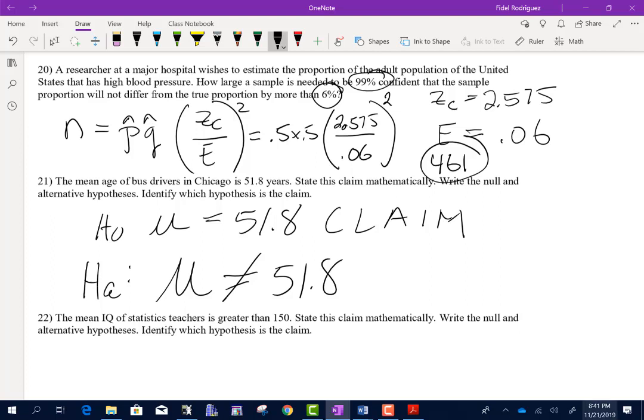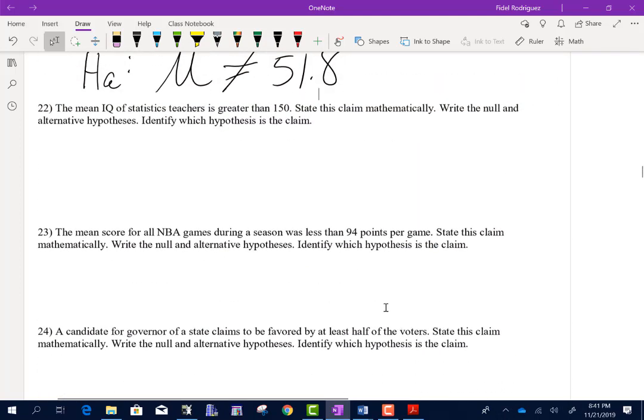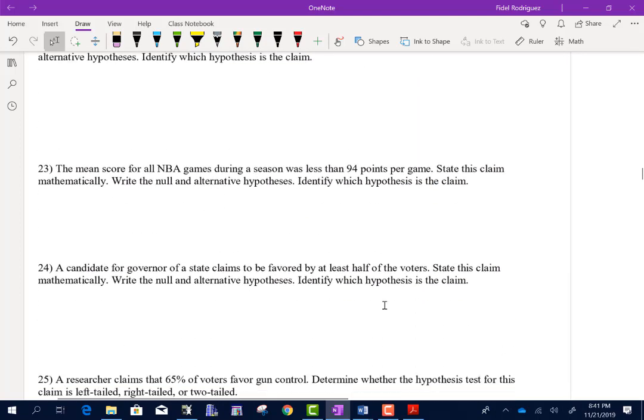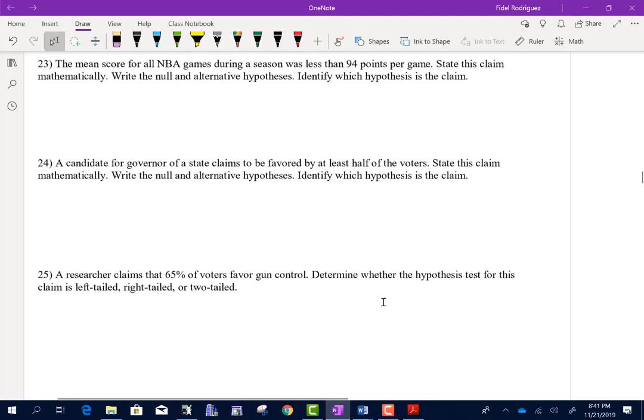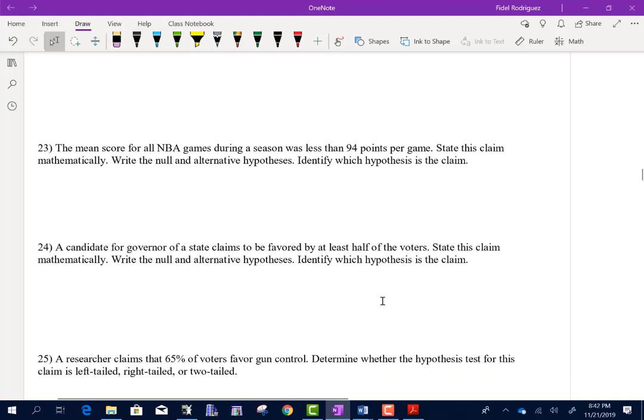Yeah, what number was that? That was 21, right? So 22 is the same, 23 is the same, 24 the same, right? For number 23? Okay, so guys, let's take a look at number 23. The mean score for NBA games during the season was less than 94 points a game.